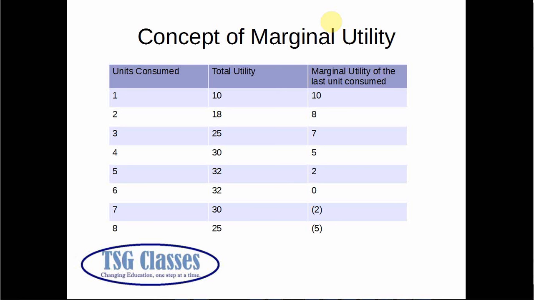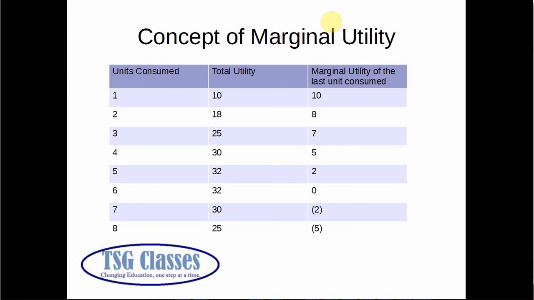And if you have an appetite like I do, you will have a second slice of pizza. You might not enjoy it as much as the first slice, but it still will give you a lot of satisfaction. So depending on your appetite, you have four slices of pizza, and then you realize that I'm almost full, and I cannot have any more.